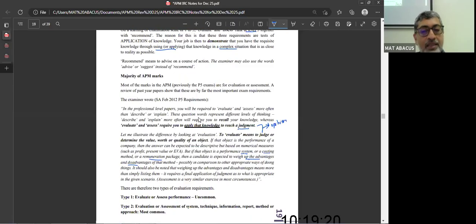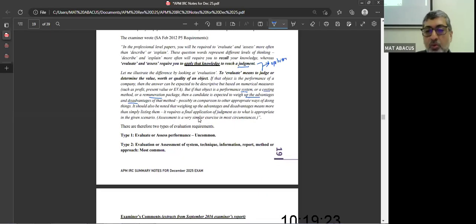So this is what application of knowledge means. And this is where you have to always consider whether there are other appropriate ways of doing things. So you don't just list them, it requires a final application of judgment, or your actual opinion as to what is appropriate in the given scenario.